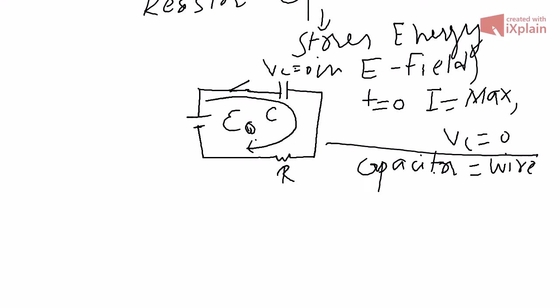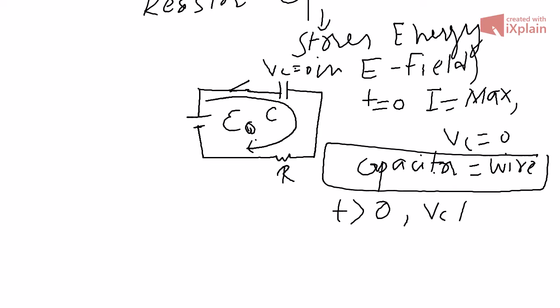So initially when time is 0, the current is maximum and the voltage across the capacitor is 0. But at a later time, greater than 0, the voltage across the capacitor Vc starts increasing because charges on the capacitor keep building as time increases.